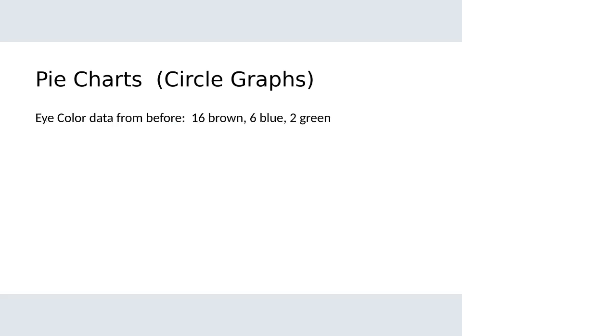We're going to take that eye color data that we had before. 16 students had brown eyes, 6 students had blue eyes, and 2 students had green eyes. And what we're going to do is make a pie chart out of this. You're probably familiar with the idea that a pie chart is going to be based on a circle.